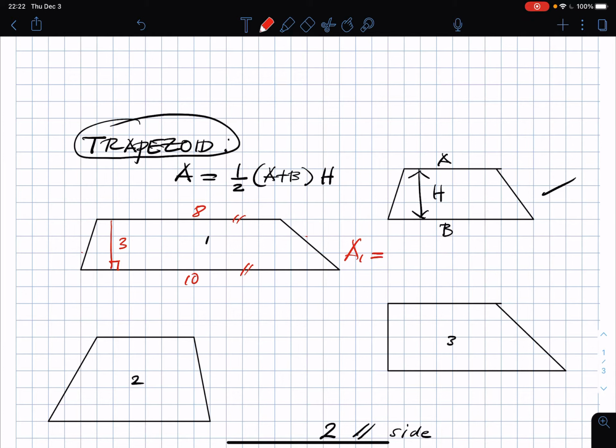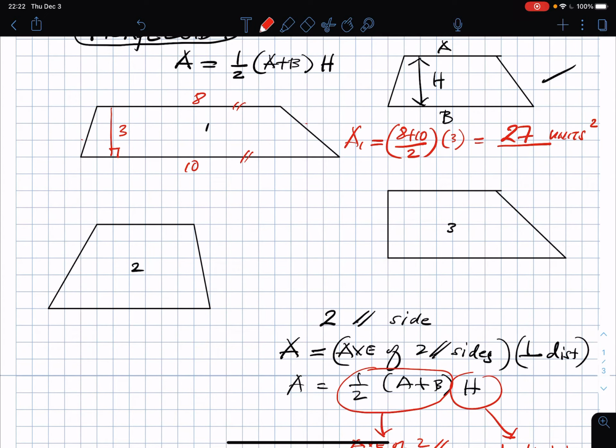The average is, you sum it, 8 plus 10 divided by 2 multiplied by the perpendicular distance between them. Okay. So you have this. That's 8 plus 10 is 18, divided by 2 is 9, times 3 is 27 square units. Okay.